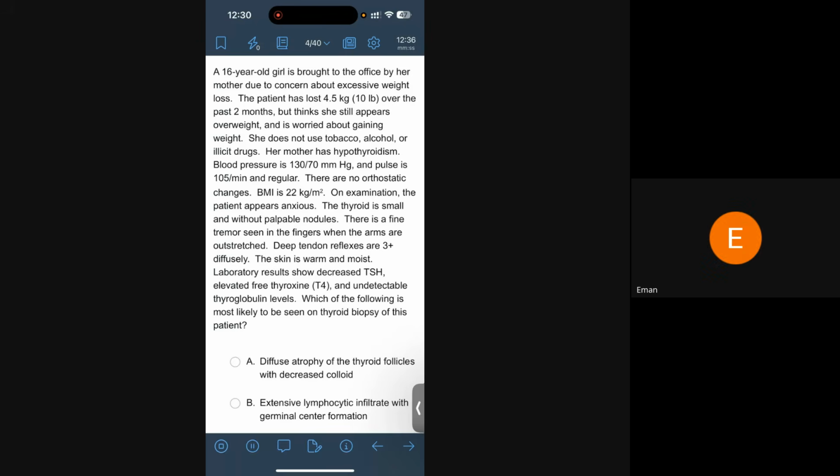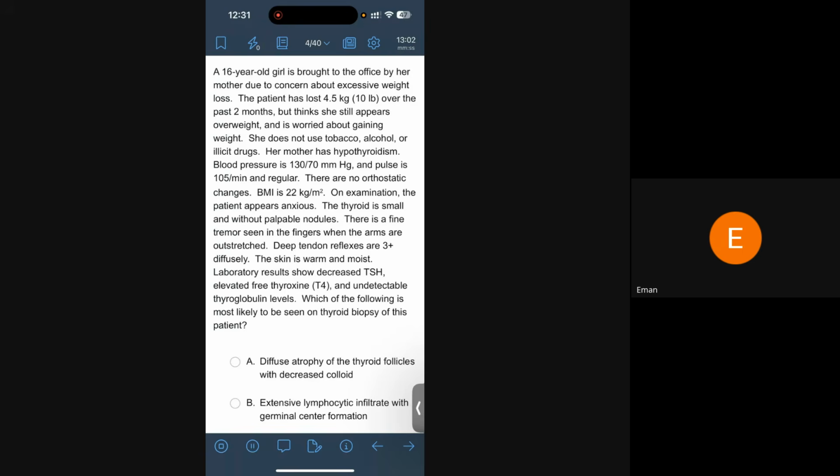It's exogenous. Remember when we were studying insulin and C-peptide levels? Same here, thyroglobulin is the C-peptide of thyroxine hormone. So if the thyroglobulin is low, that means the patient is taking thyroid hormone from the outside.